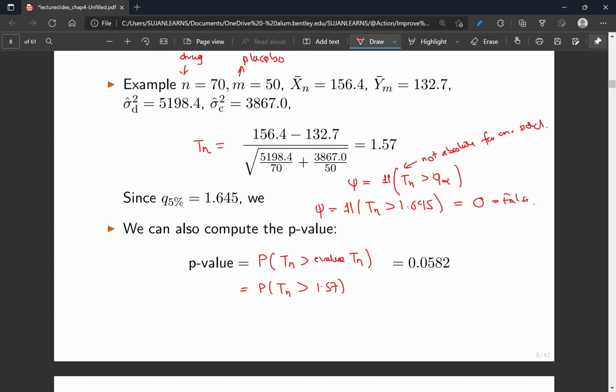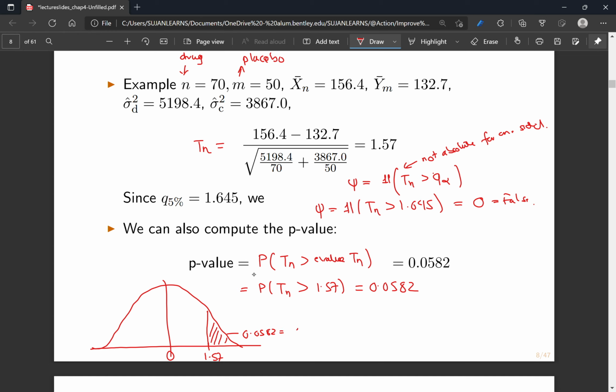For this one, it is equal to 0.0582. What this is saying is that if this is a normal curve, the probability of Tn greater than 1.57 is 0.0582.